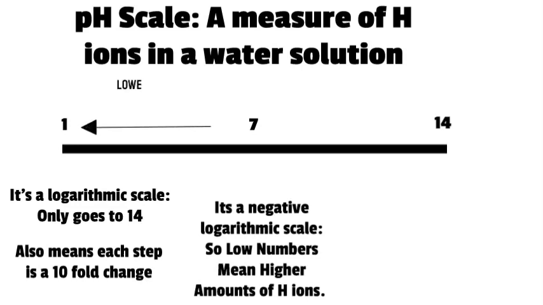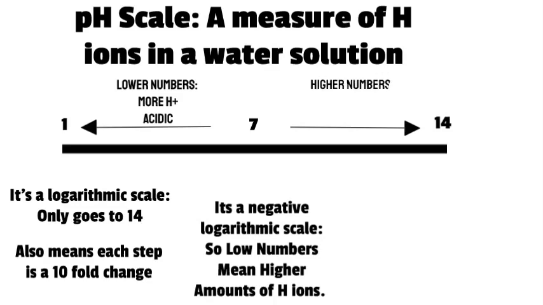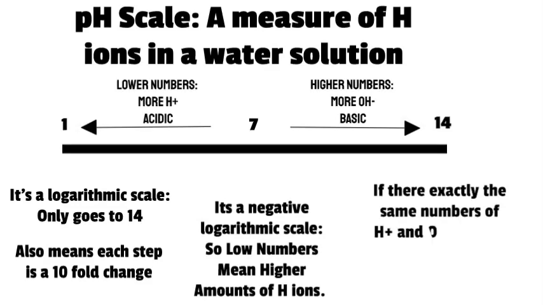Higher numbers represent lower numbers of hydrogen ions, but higher amounts of hydroxide ions, and are therefore basic. If there were exactly the same number of hydrogen ions as hydroxide ions, the pH is right in the middle at 7, and the solution is neutral. Pure water is an example of a neutral substance.